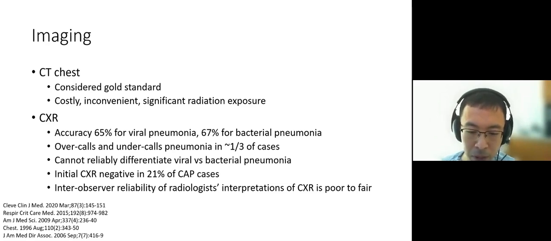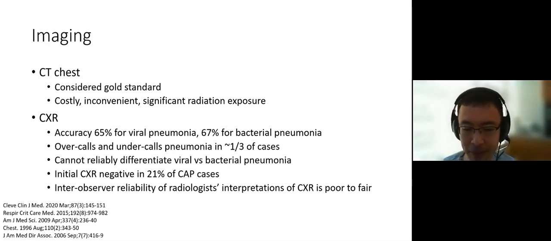And around 21% of the time, the initial chest x-ray might be negative in patients who actually have pneumonia. And then when they looked at the level of agreement between radiologists reading the chest x-ray, this was deemed to be poor or fair. So bottom line is the most important test we rely on to make a diagnosis of pneumonia really sucks.